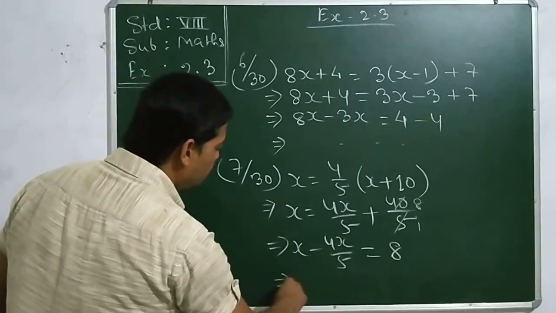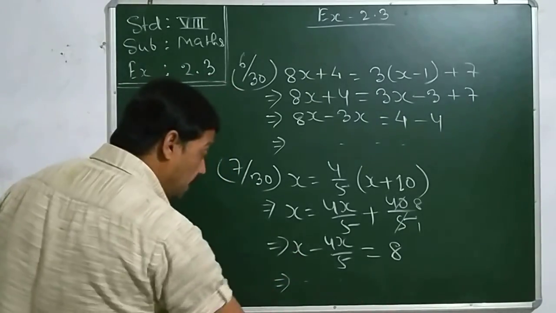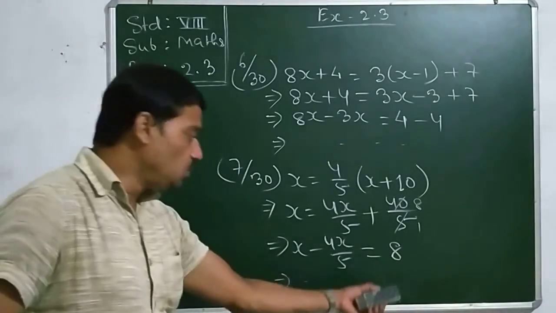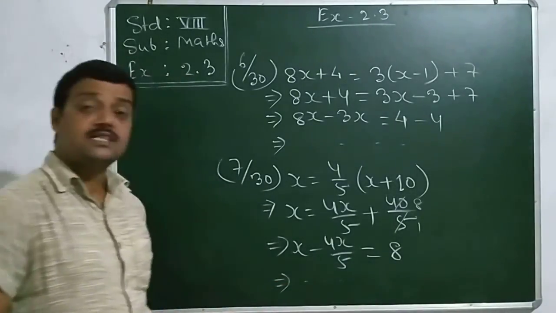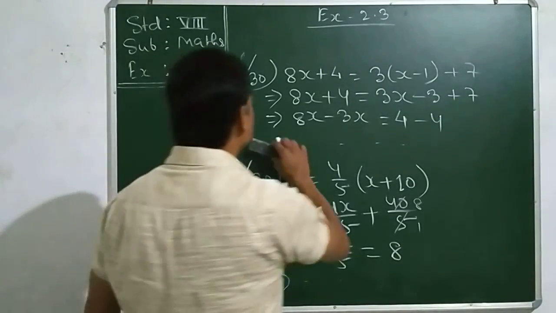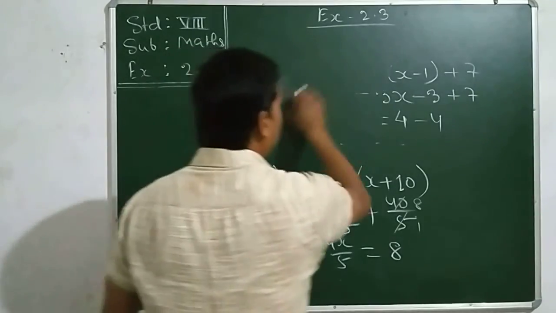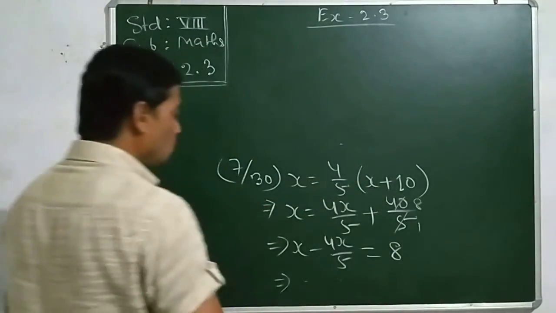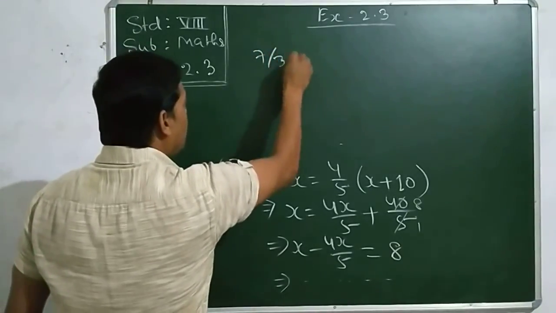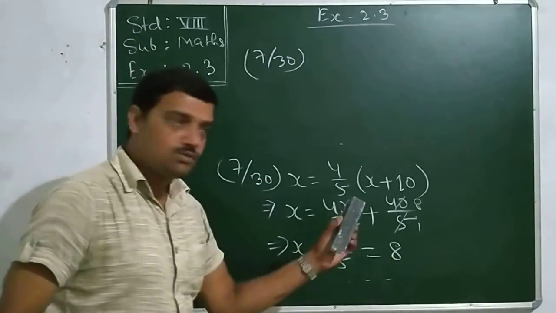Now, if you find the simplest form of this fraction, then you can calculate the value of x. And for the 7 number, the alternate way I was telling you, I think you will find this way more convenient.